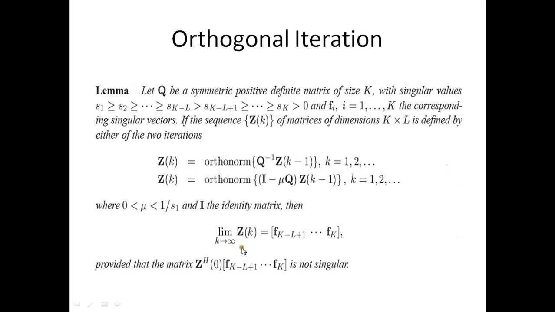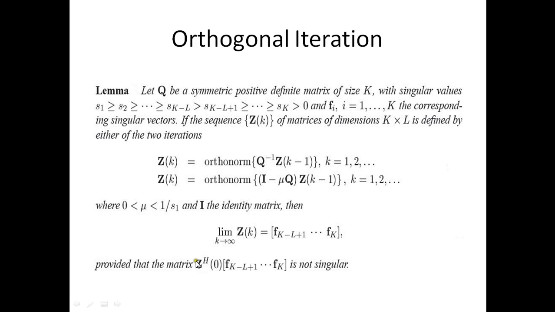Then, as k tends to infinity, we will get the singular vectors corresponding to the least L singular values, provided that the matrix Z Hermitian of 0, the initial guess of the matrix Z, multiplied with the singular vectors corresponding to the least singular values, is not singular.